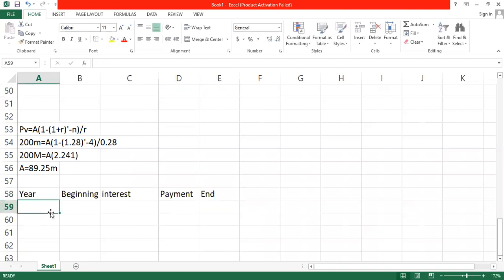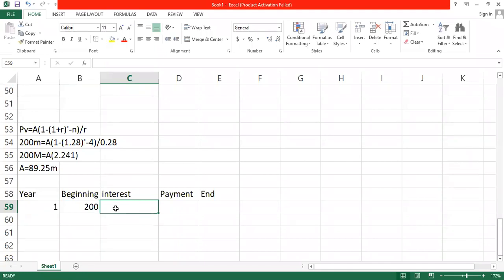Okay. Year 1. What will be the amount at the beginning? How much will you be owing the bank? 200 million, isn't it? Yeah. What will be the interest that you're going to pay on this?